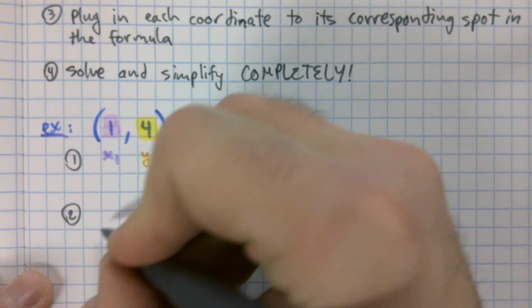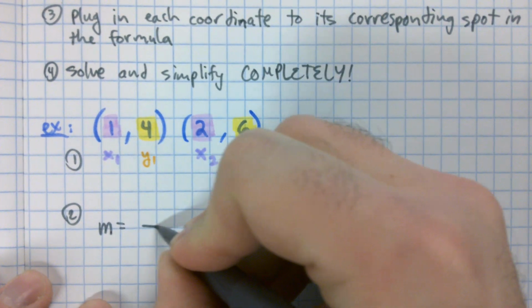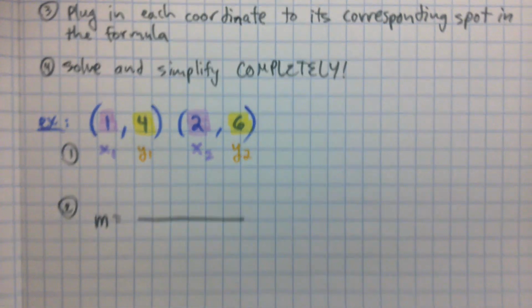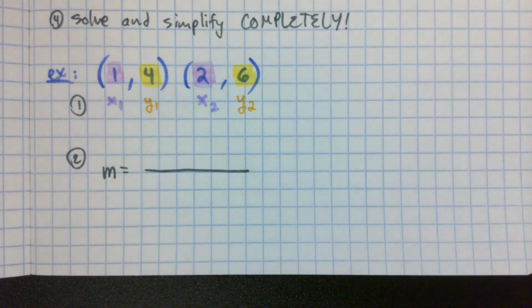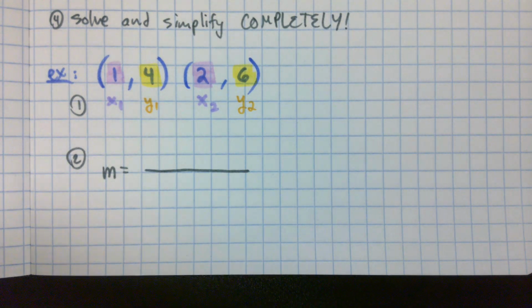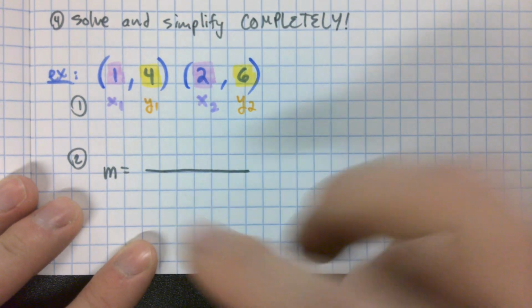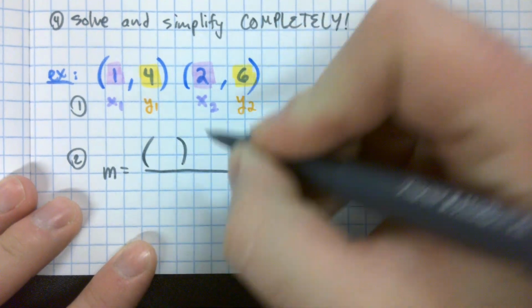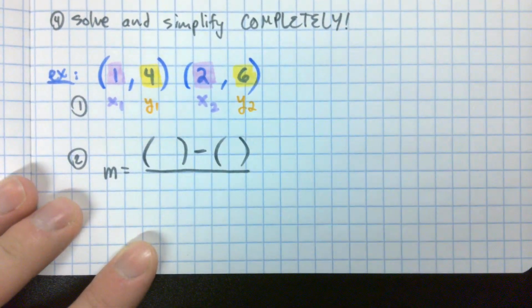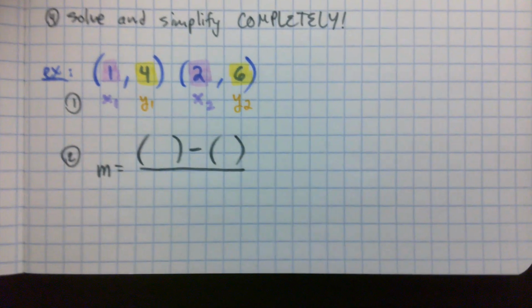Step 2, we're going to take our formula, m is equal to, but we're going to replace each variable with open parentheses. So instead of y2 minus y1 on the top, we're going to have open parentheses minus open parentheses on the top.